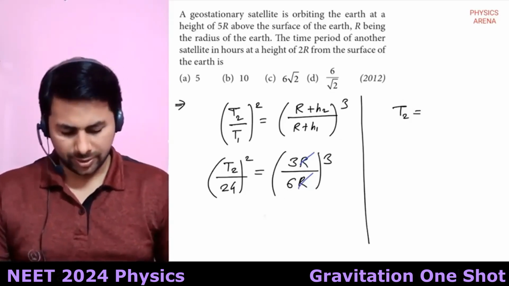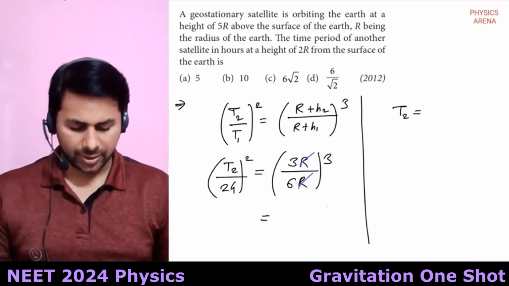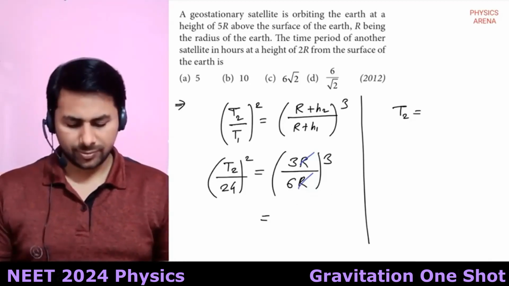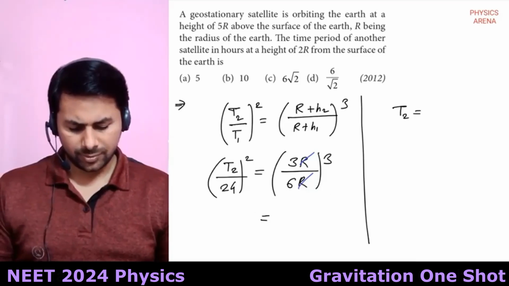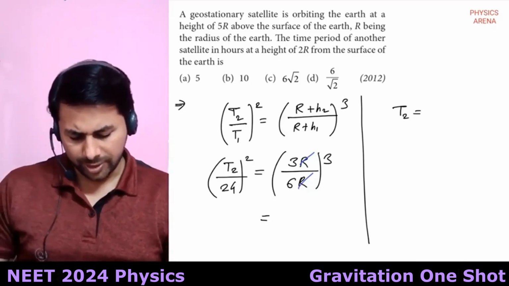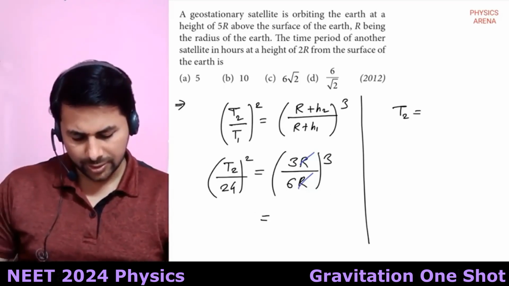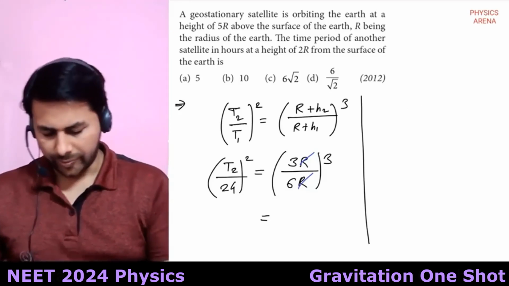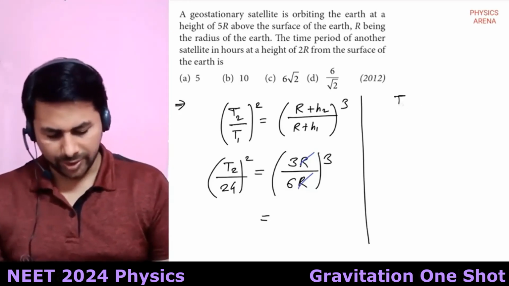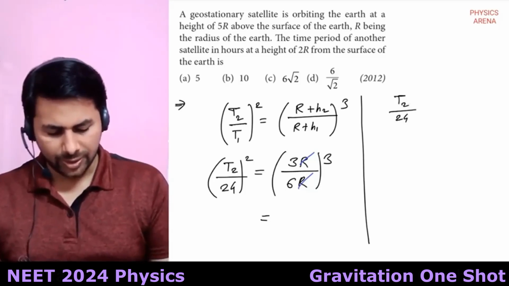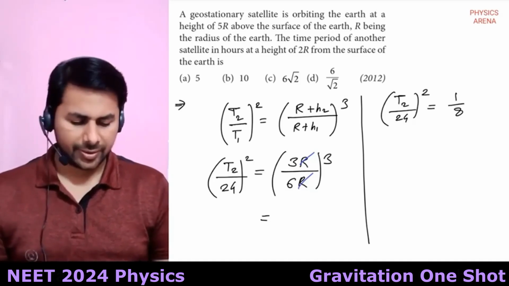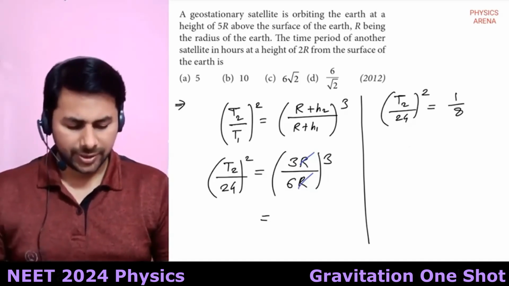So (T2/24)² will be equal to 1 by 8. Now take the square root of this.